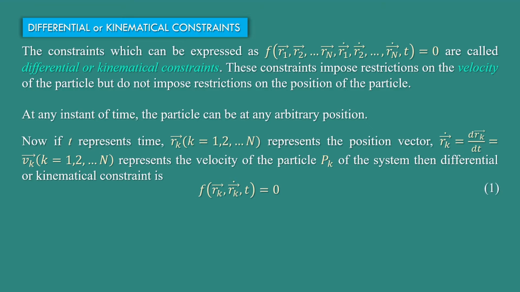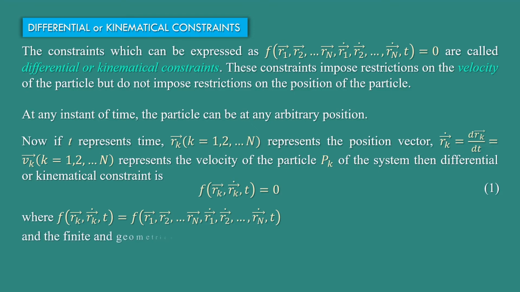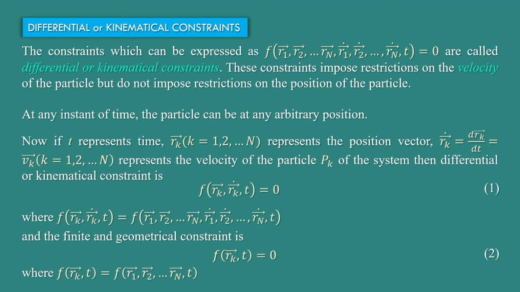Say this is equation number 1, where f of rk, rk dot, t is equal to f of r1, r2 up to rn, then r1 dot, r2 dot up to rn dot, t. And the finite or geometrical constraint is f of rk, t equal to 0. Say this is equation number 2, where f of rk, t is equal to f of r1, r2 up to rn, t.